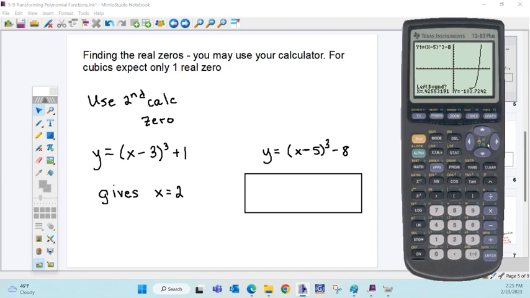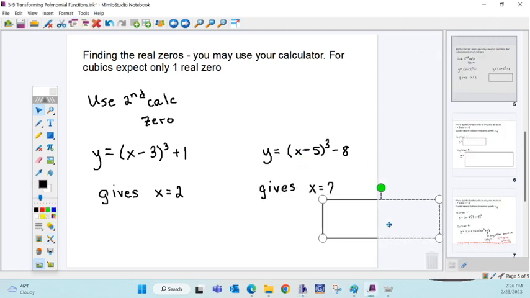Use my arrow keys. Enter, left bound, guessed it. Enter, right bound, and then guess. And it came out as 7. So x is 7.